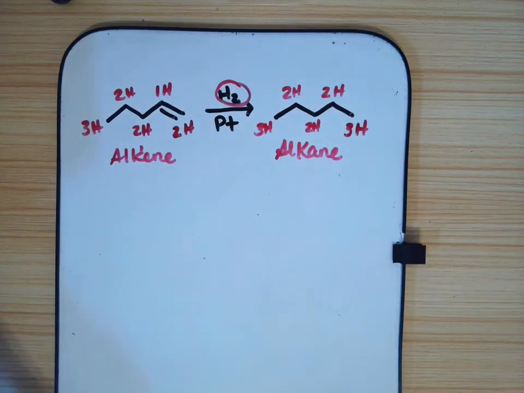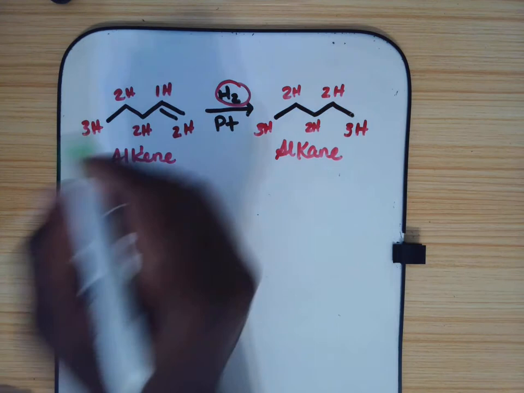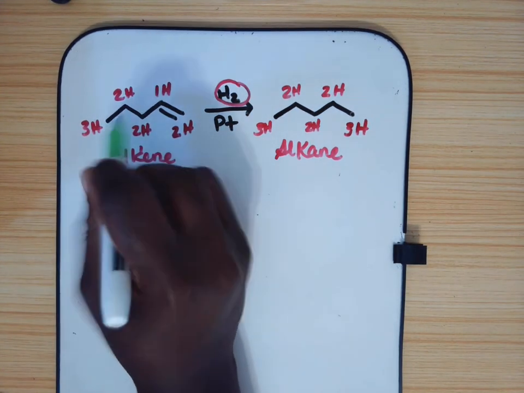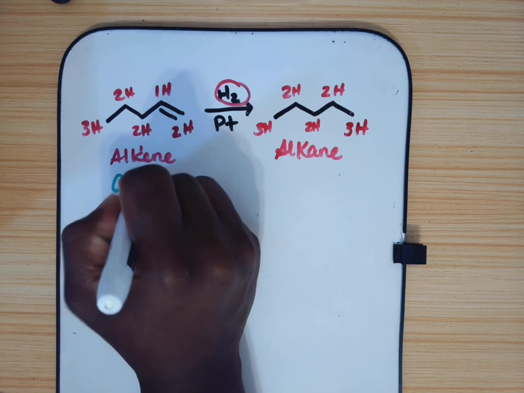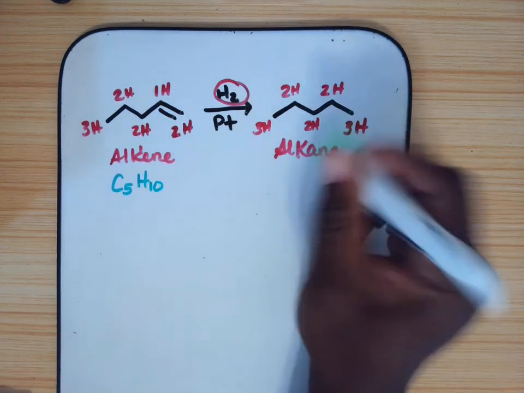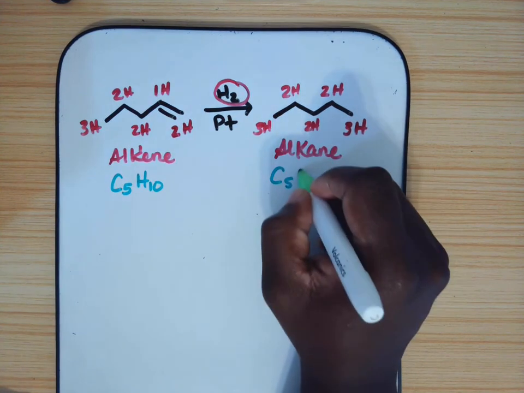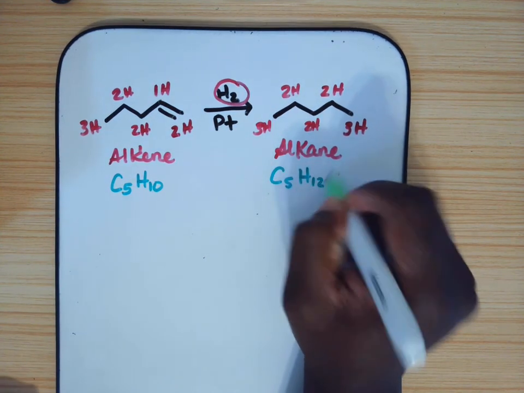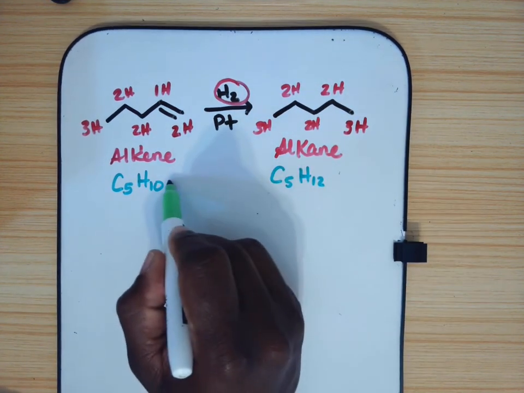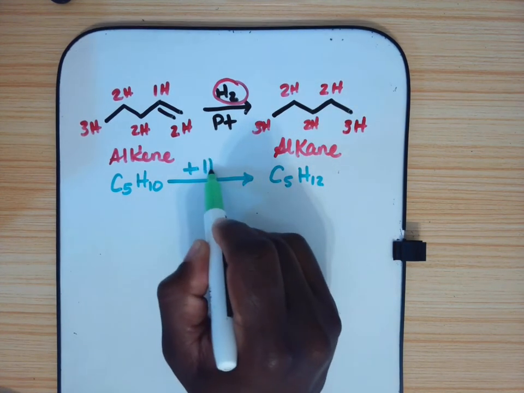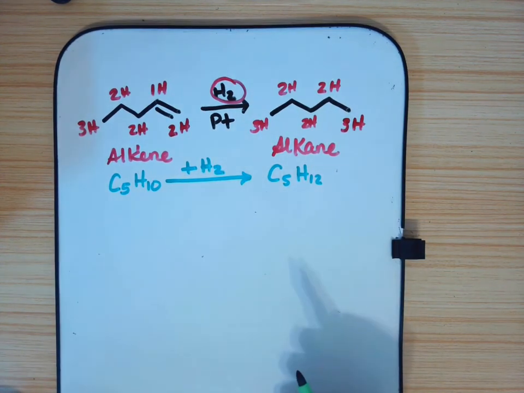So if we go through and add up all the carbon and hydrogen atoms in the alkene, there were a total of 5 carbon. If you go through and add up all your hydrogen, you have 10 hydrogen. Do the same thing with the alkane. 5 carbon, go through and add up all your hydrogen, you have 12 hydrogen. So going from this alkene to the alkane, we saw an increase in the number of hydrogen.